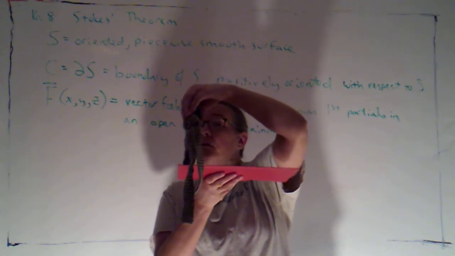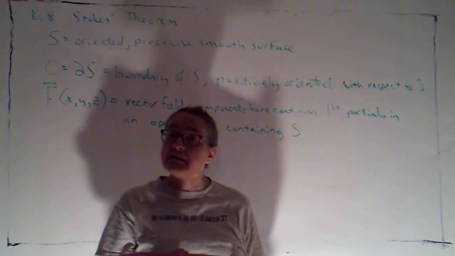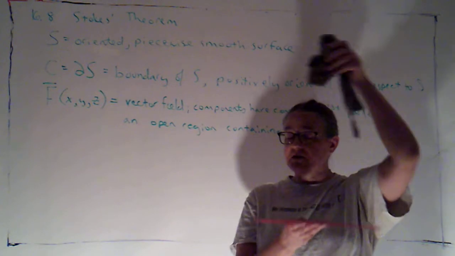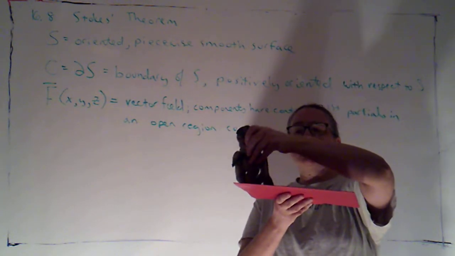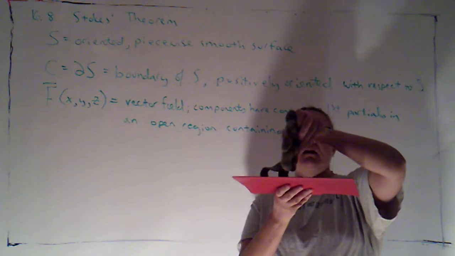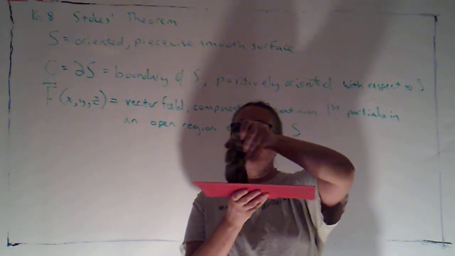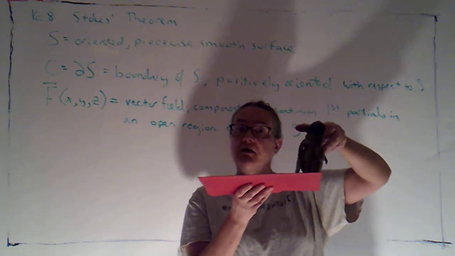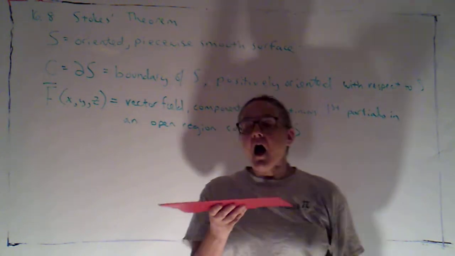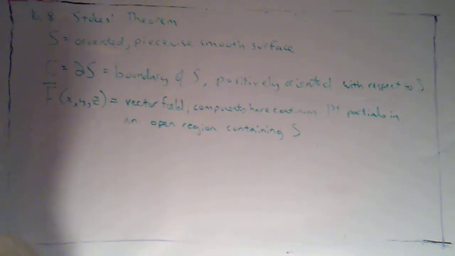Okay? Well, it turns out that the positive orientation for the boundary curve is if, when you're walking around the boundary, the surface is to your left. Okay? So this would be the positive orientation here. All right, so we've got that.